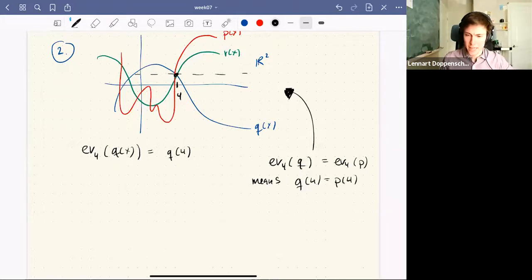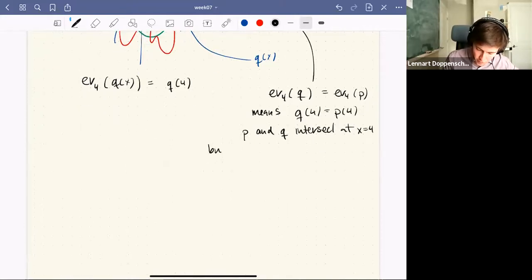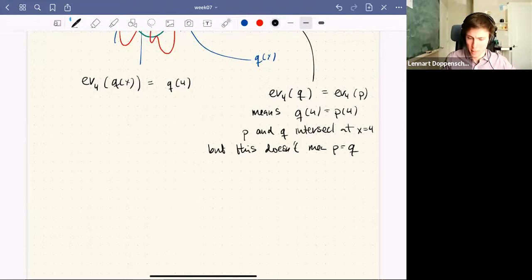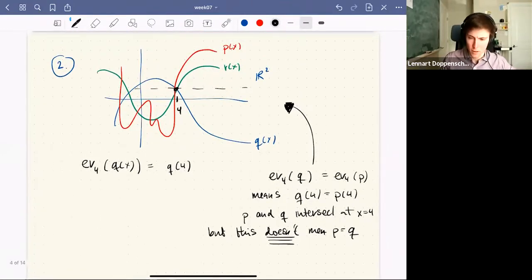So these polynomials P and Q intersect at x equals 4. But this doesn't mean P equals Q. As we can see, it may mean that P is not equal to Q, as in this case, I've drawn 2 different polynomials.